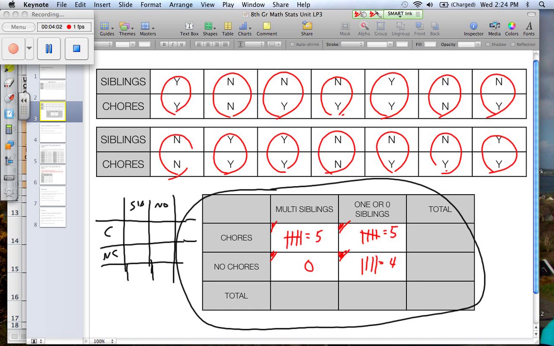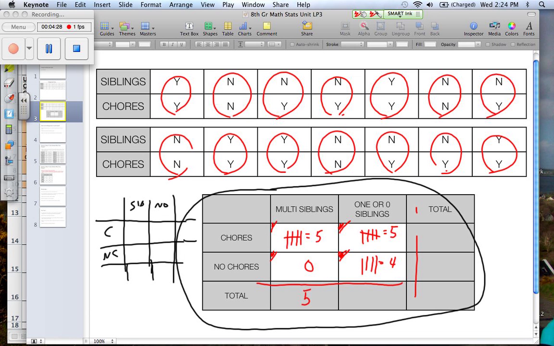Alright. You all should have gotten that there are 5 students that had chores with multiple siblings, 5 students that had 0 siblings or 1 sibling with chores, and 4 students who did not have siblings and had no chores. Now this total column over here, this total row over here, is simply a way to check our answers to make sure that we did it correctly.